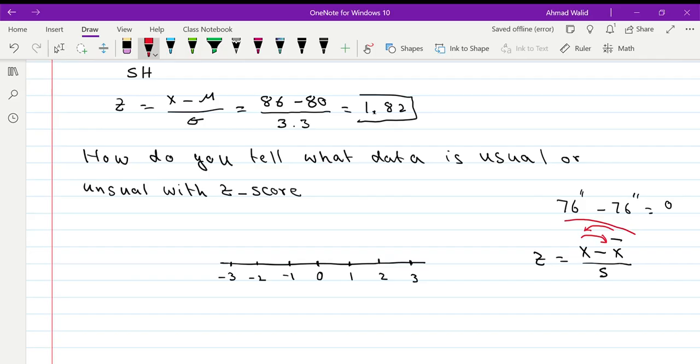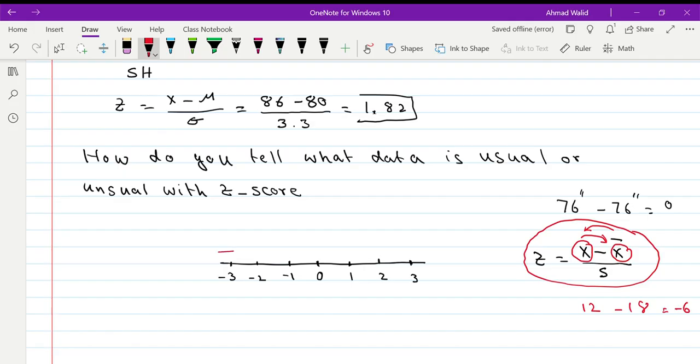Keep this in mind. I'm telling you a few times, do not make this mistake. Your formula is always x minus x bar over s. Sometimes if your data value is less than the mean, for example, if your data is 12 and your mean is 18, of course you end up with a negative number. That's why you can have a negative z-score.